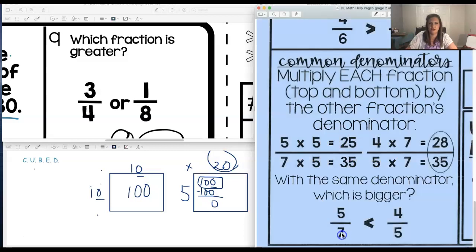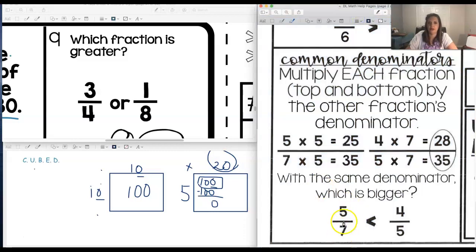So you can see on this one, they are comparing 5/7 to 4/5. This is your 5/7 right here, and here is your 4/5 right here. They took the denominator 5 and they multiplied it by the top and the bottom of this fraction. You can see it here.